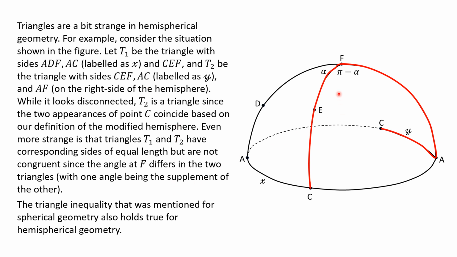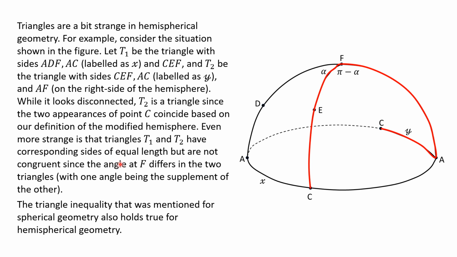And the reason is that the angle here at CFA is not the same. It's pi minus alpha here in this triangle, the red triangle, and it's just alpha in the triangle T1 that we defined first.